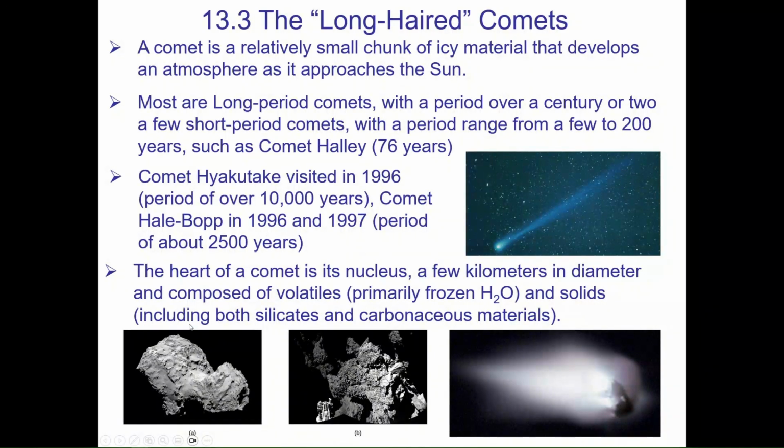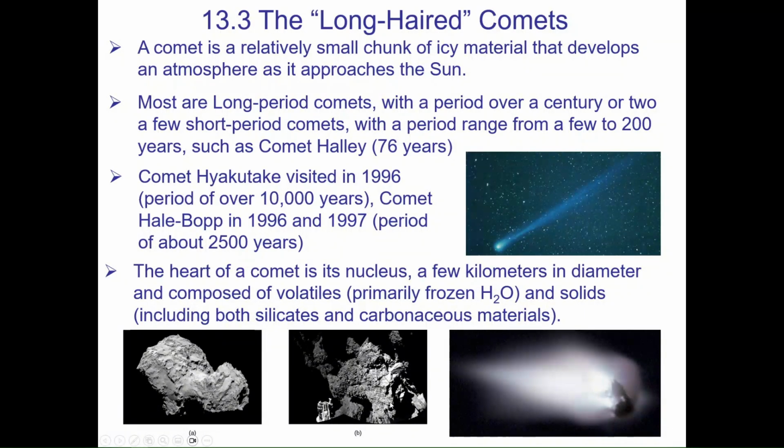So that is the first time we actually had a very close-up image of the nucleus of a comet. From the analysis and observation, we found that comets are composed mostly of volatile material, primarily water ice, as well as solids, including rocky materials, silicates, and carbonaceous materials.